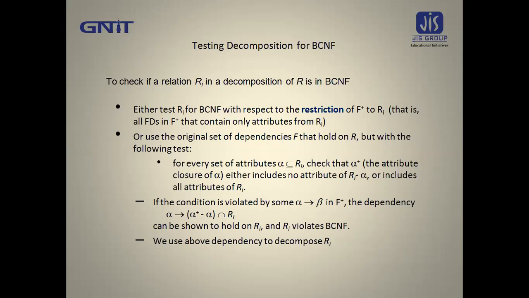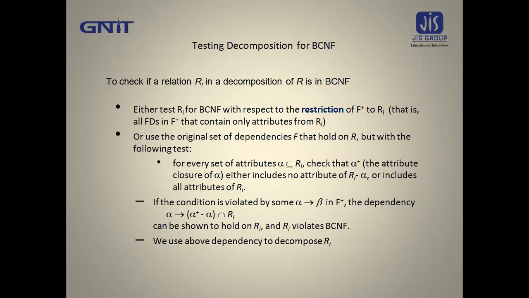or we can use the original set of dependencies that hold on R, but we need to consider this: for every set of attributes alpha which is a subset of Ri, we need to check that alpha plus either includes no attribute of Ri minus alpha or includes all attributes of Ri.